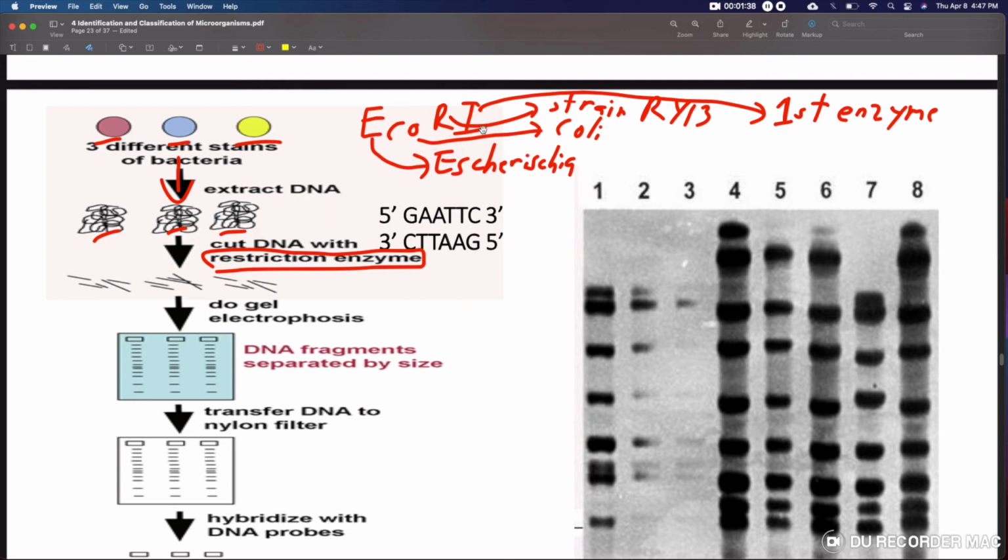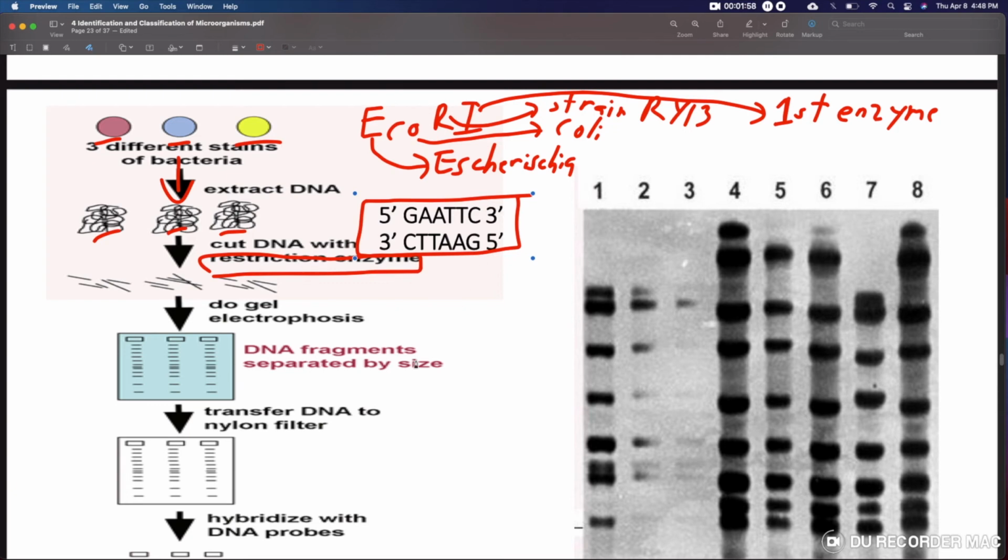Again, EcoRI is an example of a restriction enzyme. What's good about EcoRI is that when it encounters this specific restriction site right here, it will introduce a staggered cleave.